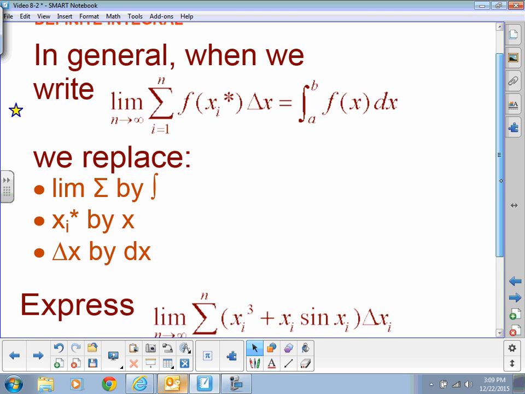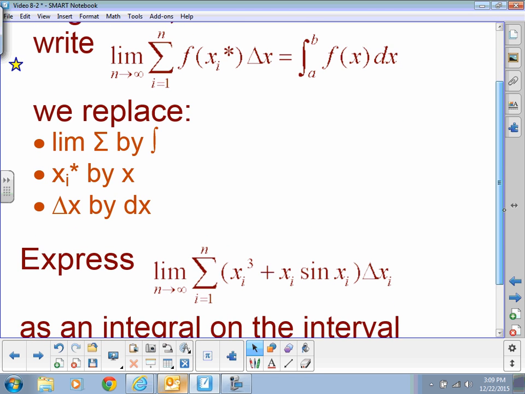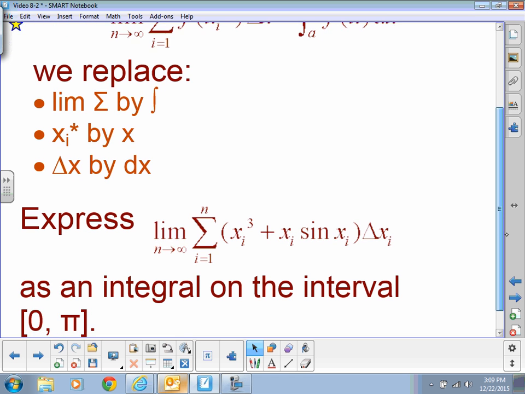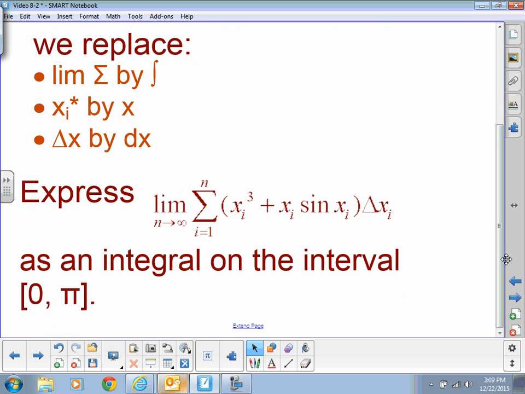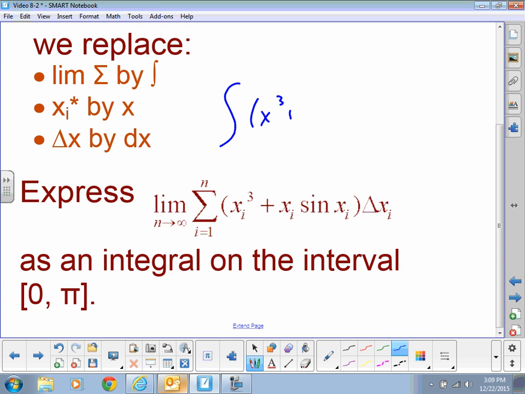And the dx, remember, is telling us what variable we're doing it with respect to. So in our particular case, if we're going from 0 to pi, we would have the integral of x cubed plus x sine x dx. And because we're going from 0 to pi, we would put 0 on the bottom, pi on the top.